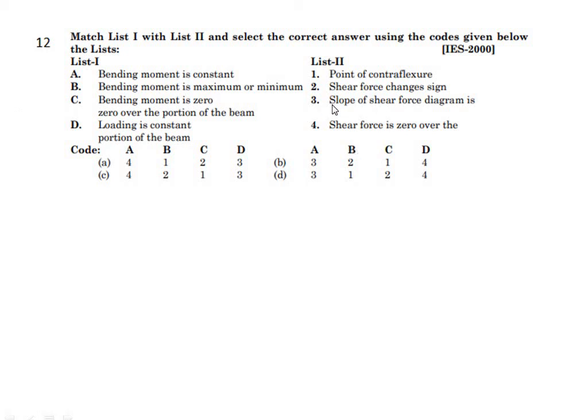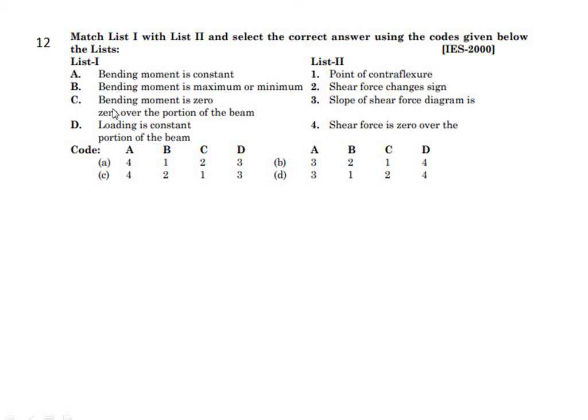The answer is coming here: the slope of the shear force diagram is 0 over the portion of the beam. The shear force is 0 over the portion of the beam, right? If the bending moment is maximum or minimum, then the bending moment has to go to a maximum value or a minimum value.